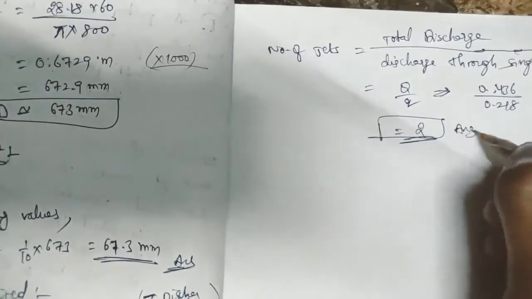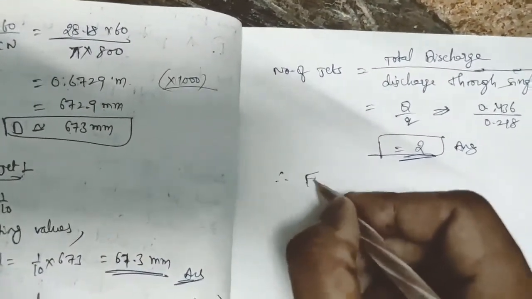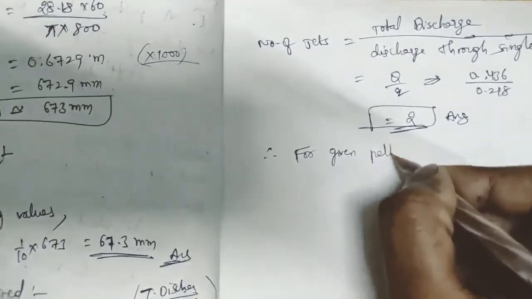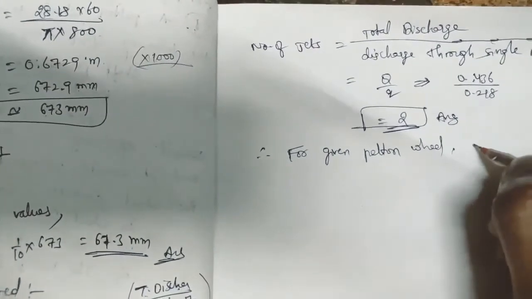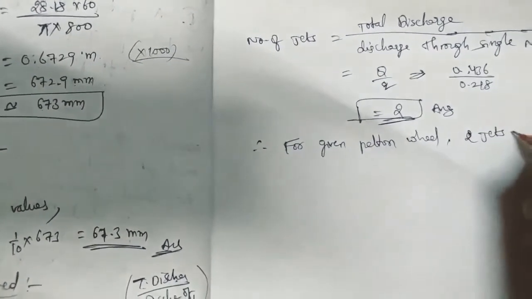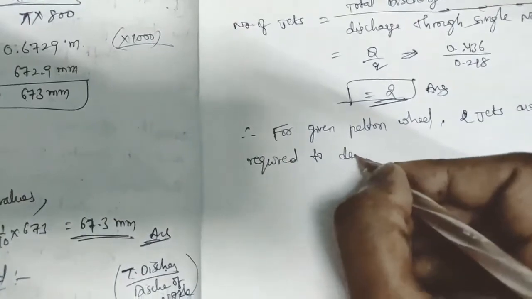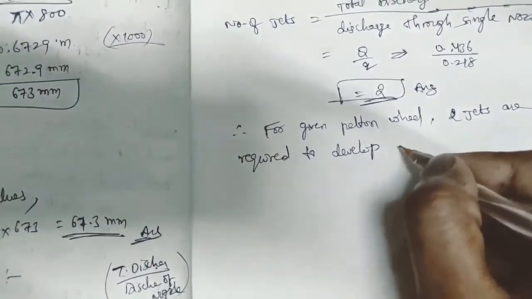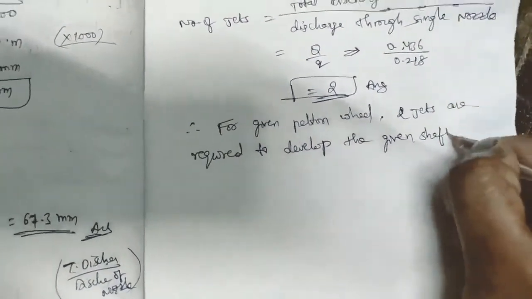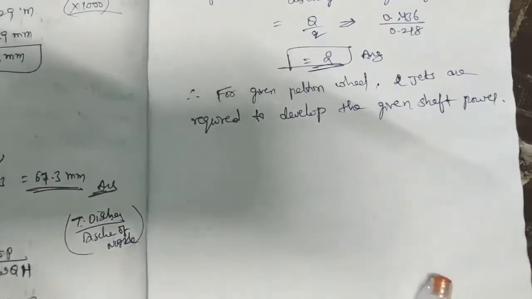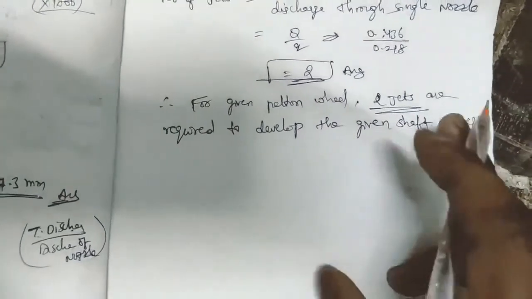This is the answer. That is, for the given Pelton wheel, 2 jets are required to develop or produce the given shaft power.